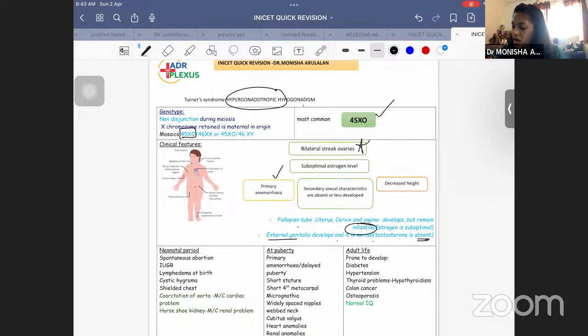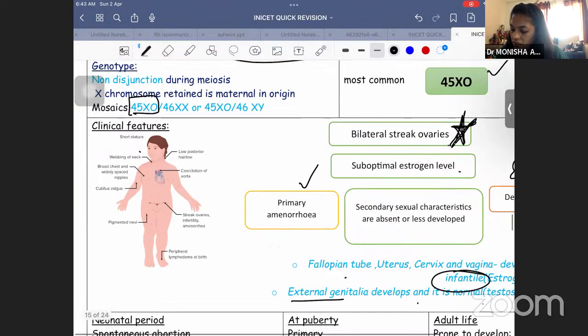So the things to remember are bilateral streak ovaries, low estrogen levels, secondary sexual characters either absent or less developed, and decreased height, short stature. Another very important thing you can see here is webbing of neck, short stature, low posterior hairline, broad chest, widely spaced nipples, cubitus valgus, coarctation of aorta, streak ovaries, infertility, amenorrhea.